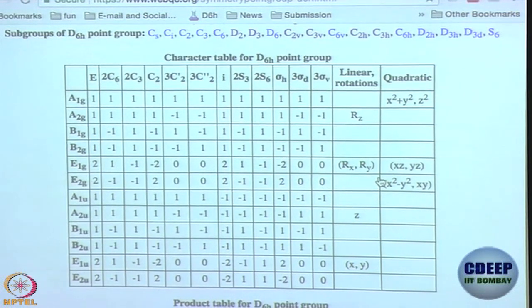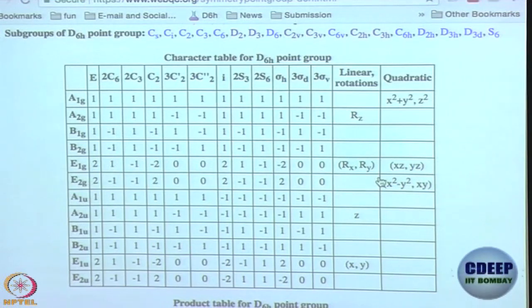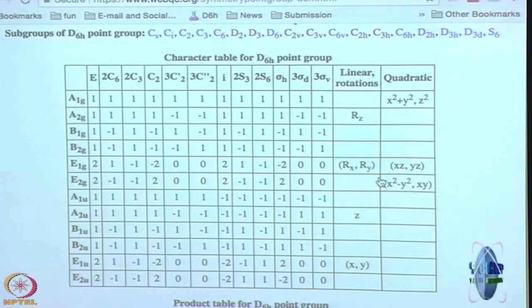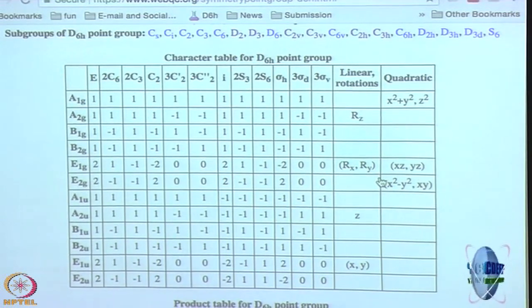Now, the reason why I am showing you this is that, see, there is sigma h, but you might notice that this dash and double dash have been omitted. Why? Because if you just write this 1, 2 and g, u, then your symmetry species are all defined uniquely. There is no need of dash or double dash. That is why it is not written.